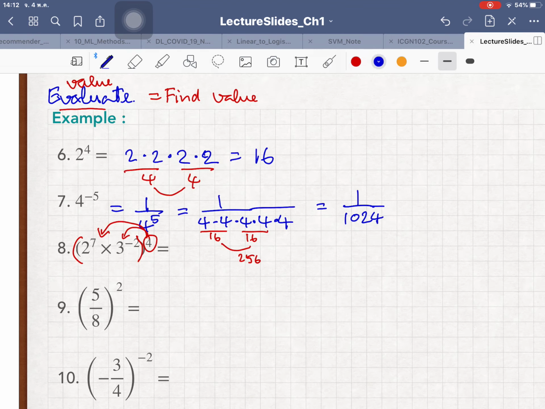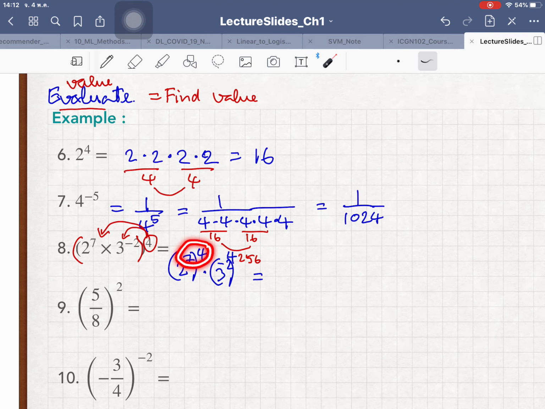So this will be 2 to the power 7, and then you take the power 4 again. The next term will become 3 to the power minus 2, and then you put the power 4 again. For each term, it will be the case when you take the power twice.